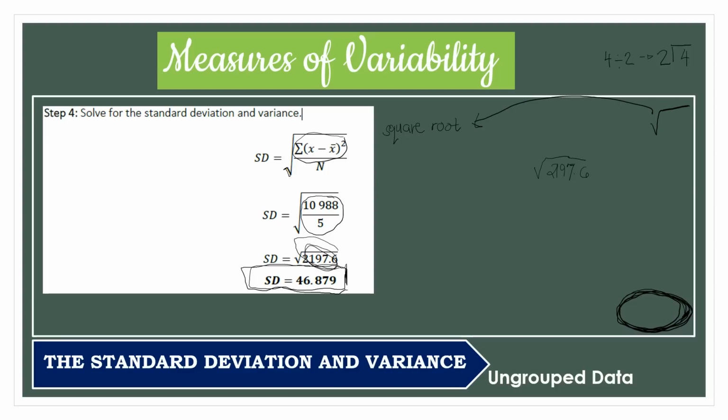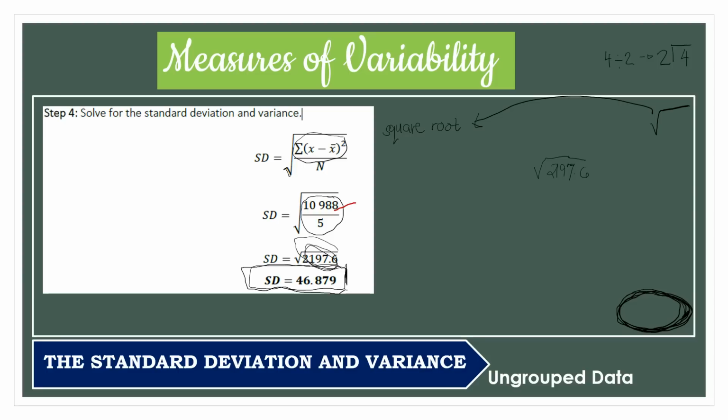It is already substituted in our given. So we have the standard deviation is equal to the square root of the sum of the squares of the differences of the values of x and the mean, which is 10,988, divided by 5, or the value of n.